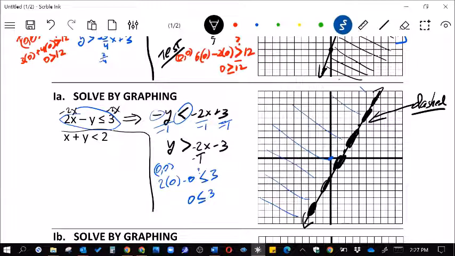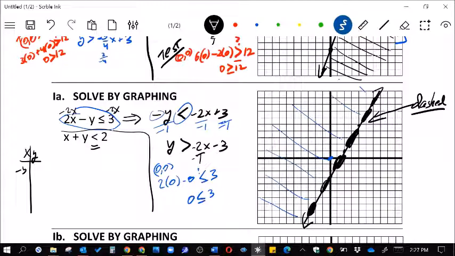So the second one, for graphing it, this one lends itself easily to an XY table. For this, I'm going to pretend it's equal in order to get the right point. So let's pick some numbers on both sides of 0. Let's say I do negative 5. So I do negative 5 plus y is less than 2.